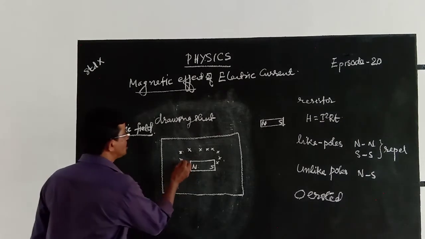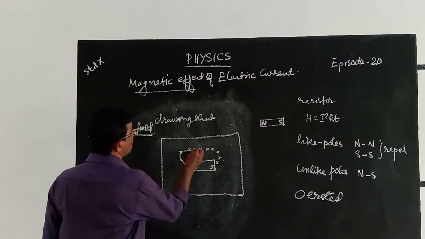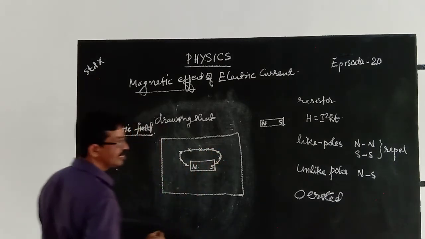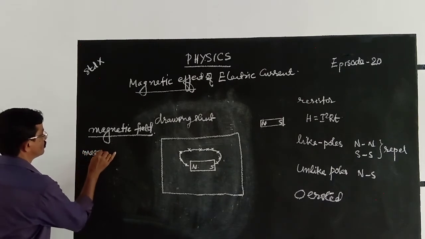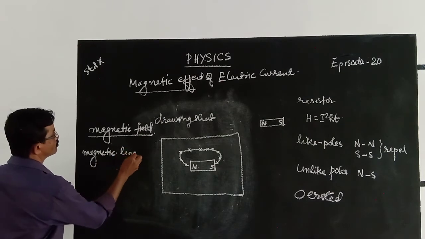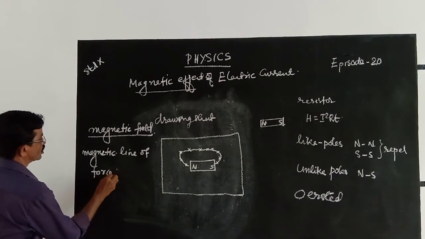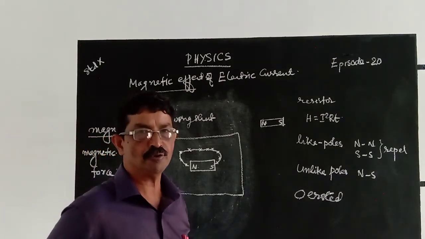When we join all these dots, we get one magnetic line of force.